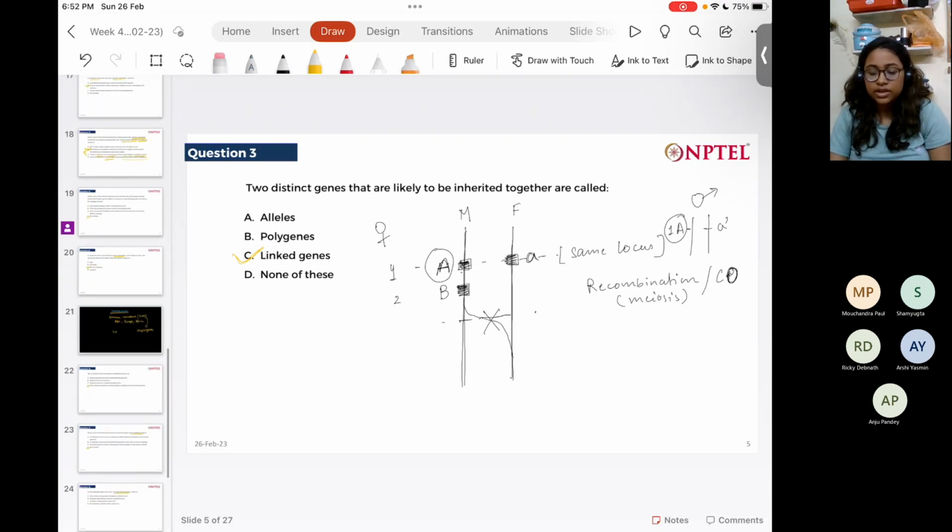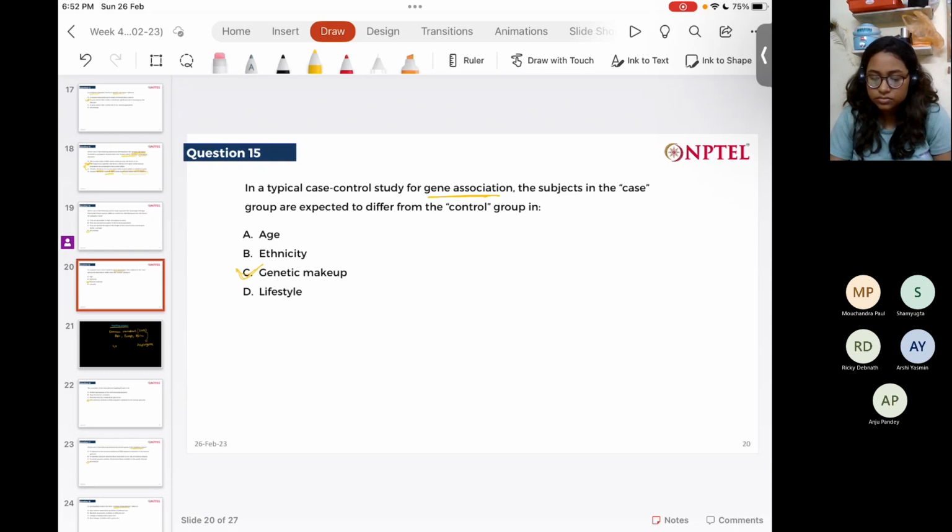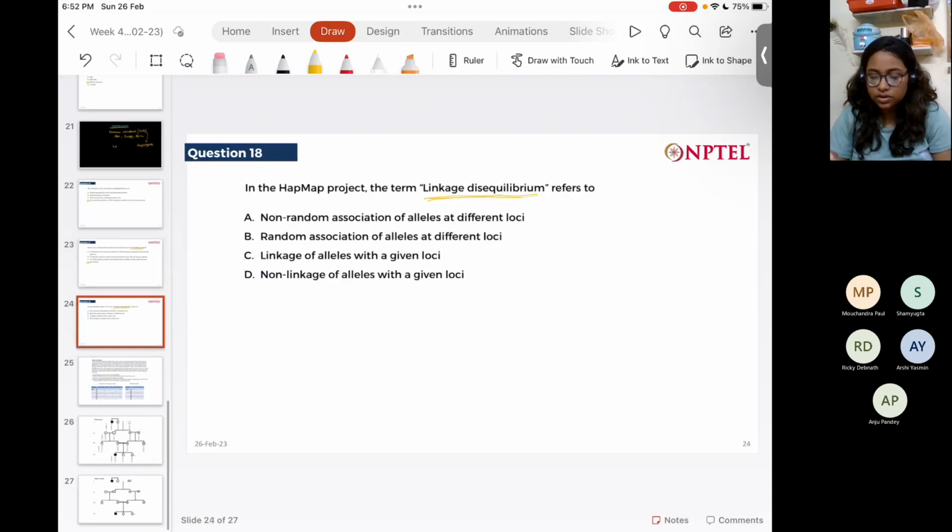So within the same locus, the alleles cannot be linked. Linkage disequilibrium always refers to linkage between two alleles at different loci. Now the only question is randomness versus non-randomness. What do you think is the correct answer? A. Okay, you are correct.